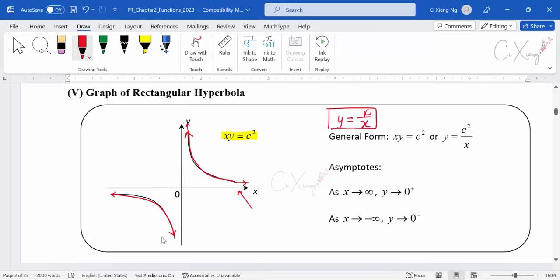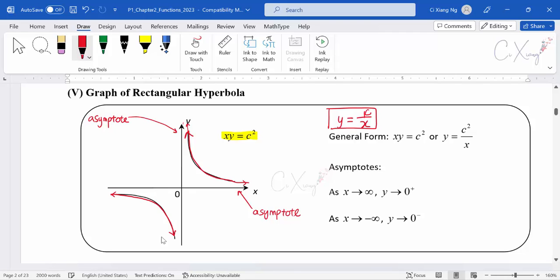When your graph moves continuously and gets closer and closer to a certain line, but it will not touch the line, like in this example the x-axis here, I will call it an asymptote. Another asymptote for this graph will be the y-axis.